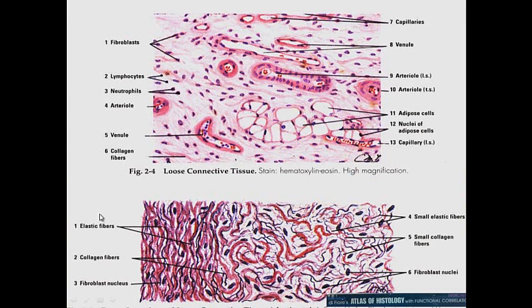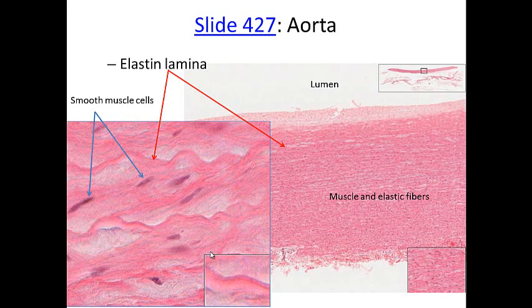As I mentioned, there are different fibers. We've got elastic fibers, collagen fibers, reticular fibers, different fibers. And if we look at the aorta, we can see that sometimes there are fibers and sometimes there's lamina, like a layer. And here we can see this swirly thing here is elastic lamina.